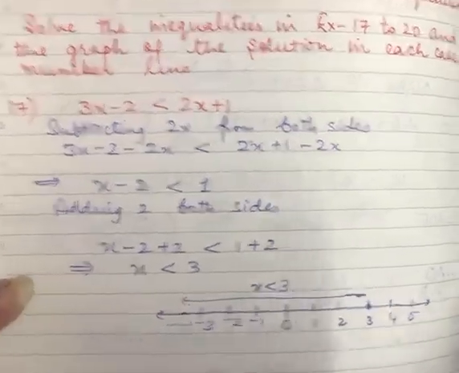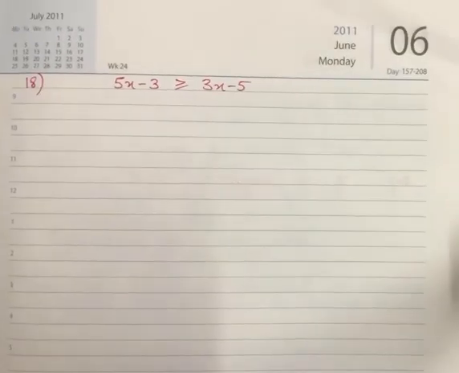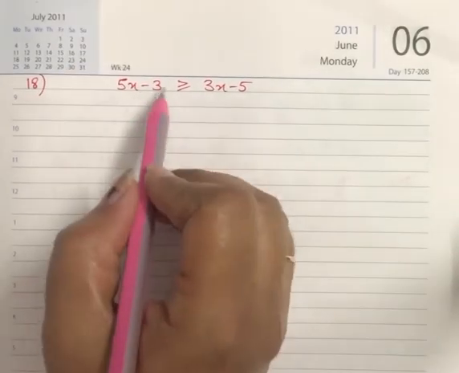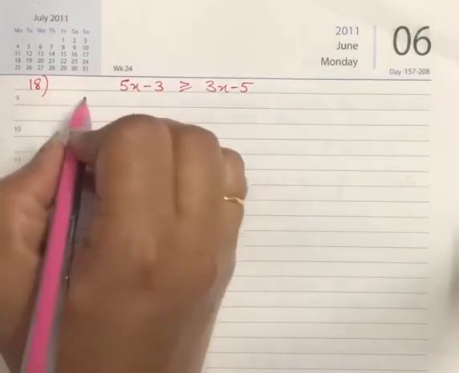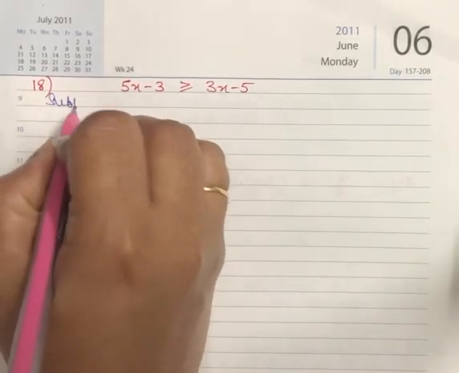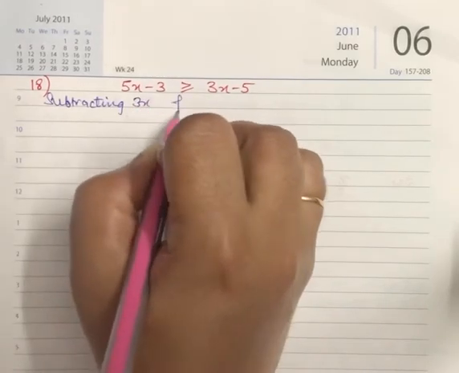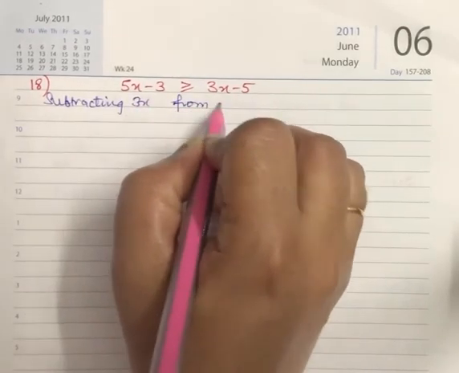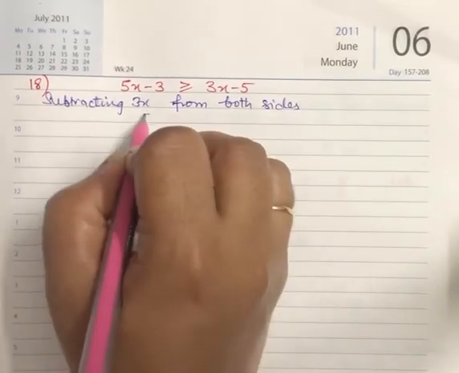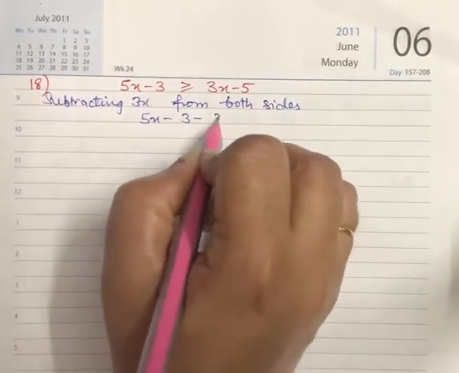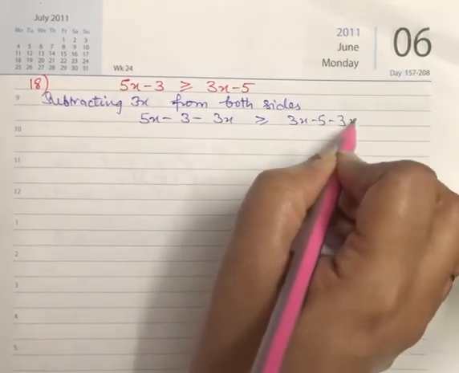Now look at the 18th one. 18th question, 5x minus 3 greater than equal to 3x minus 5. So here subtracting 3x from both sides, what we get? 5x minus 3 minus 3x greater than equal to 3x minus 5 minus 3x.